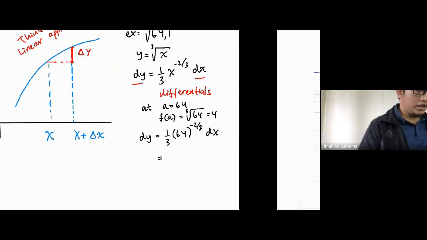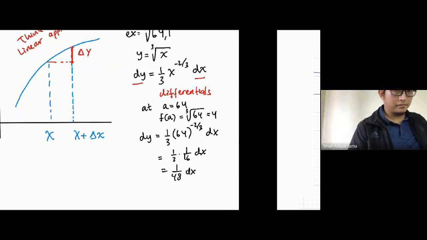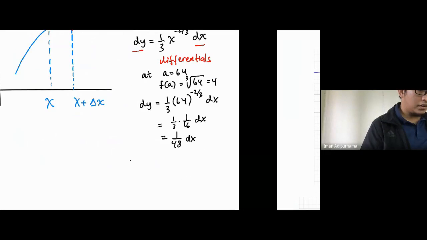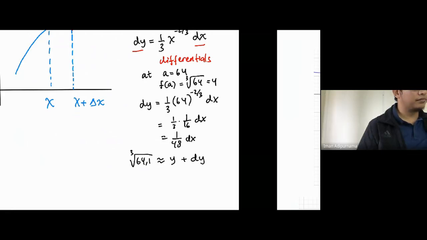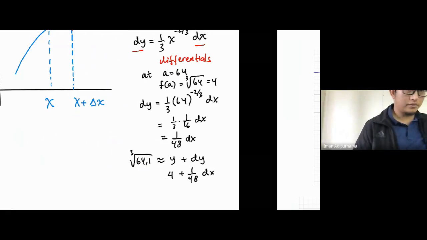So this should be 1/3 times 1/16 dx, or 1 over 48 dx. And this will be approximately our y plus dy, right? So our y will be 4, and dy will be 1 over 48 dx.